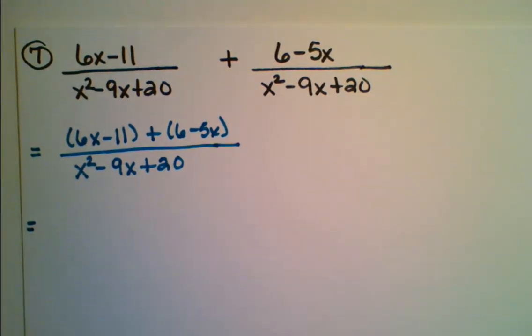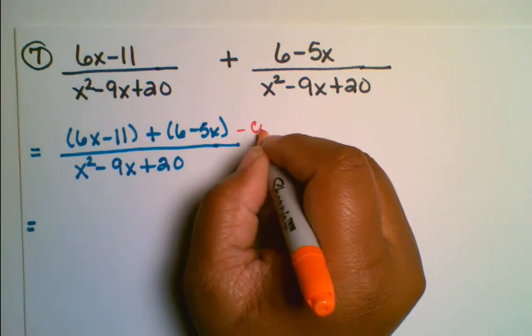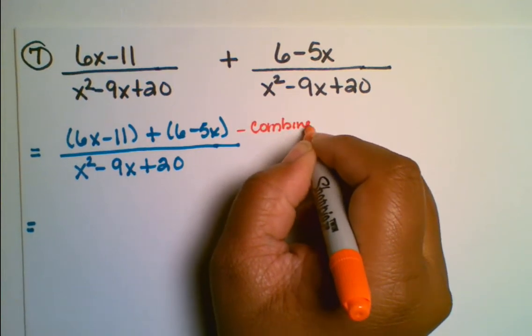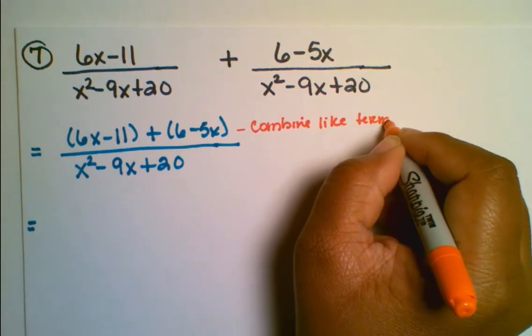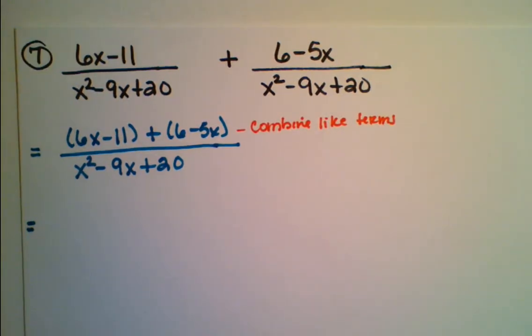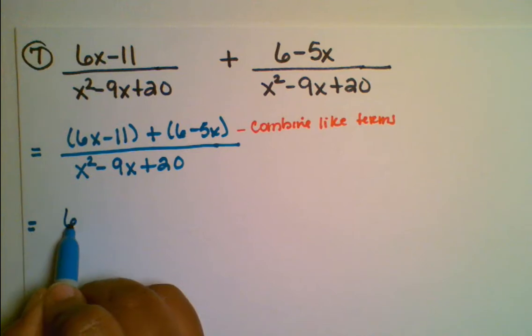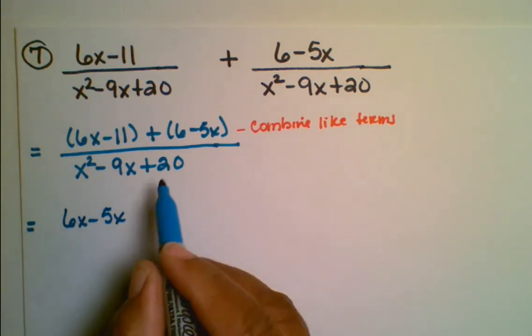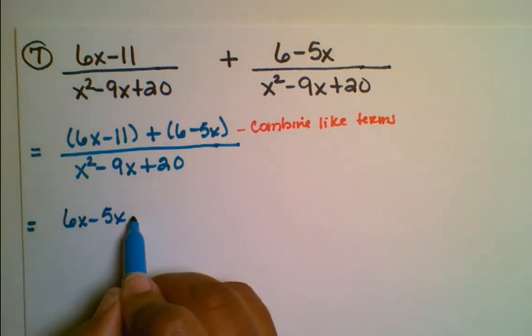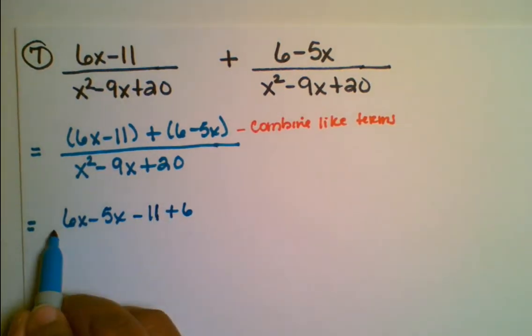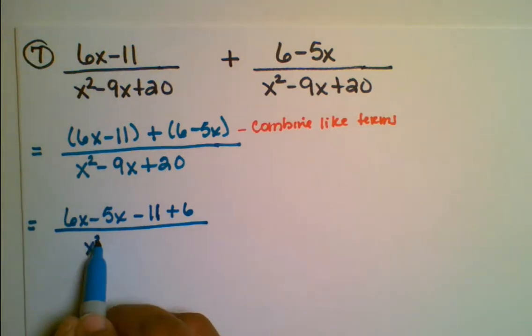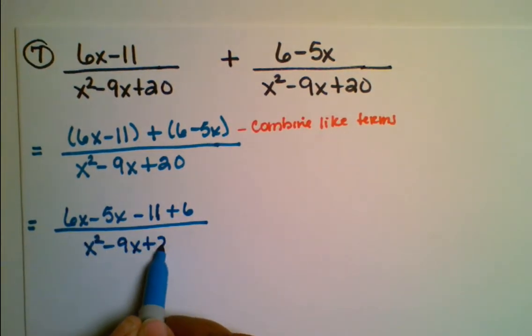We're adding two polynomials together, therefore we're going to combine like terms in the numerator. Bringing our x's together, we have 6x minus 5x. Bringing our integers together, we have negative 11 plus 6. All over our denominator, x squared minus 9x plus 20.